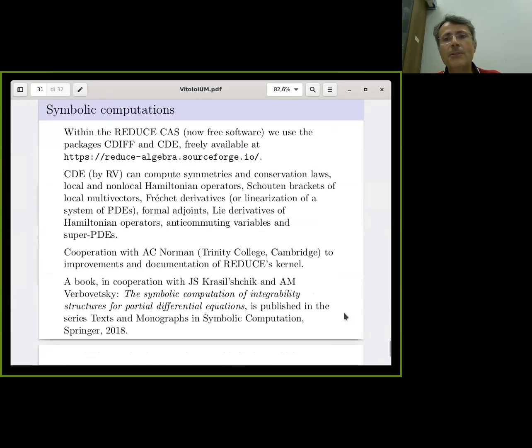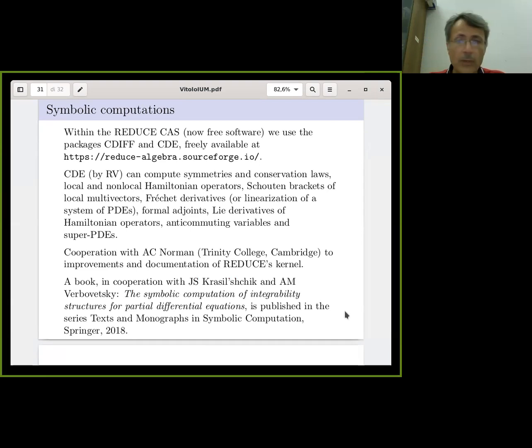Okay, all symbolic computations were done with Reduce, which I like so much. I was introduced to Reduce by Paul Kersten, and then I had cooperation with Arthur Norman, who is one of the main developers of Reduce and who helped me to understand it and to write efficient packages.